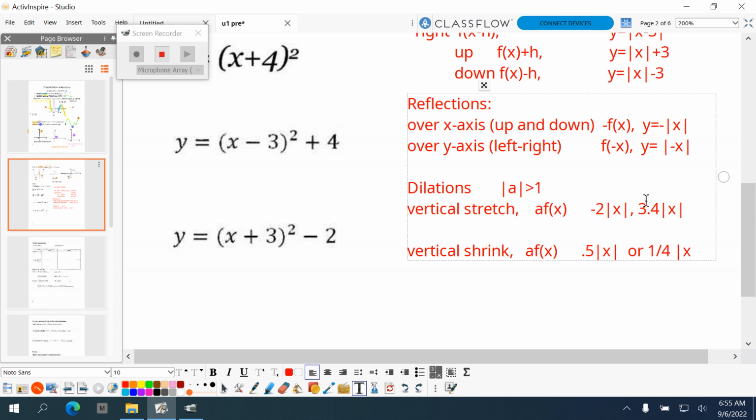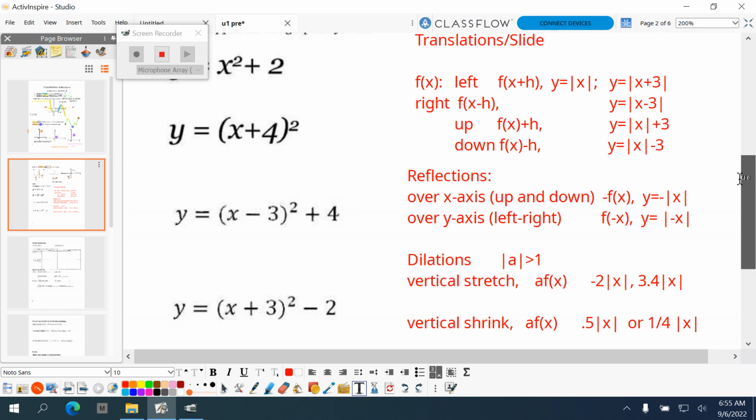I can typically tell if the number is less than 1, but it's still positive, right? There is the horizontal stretch and shrink, but we'll get to that, and I will move on to these problems over here.